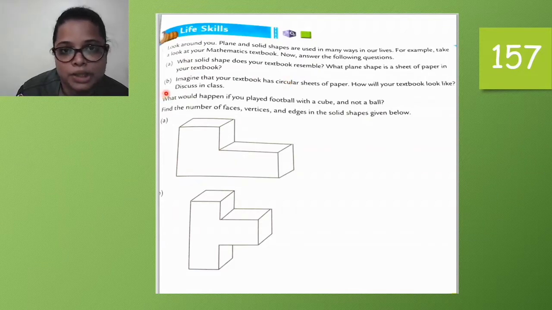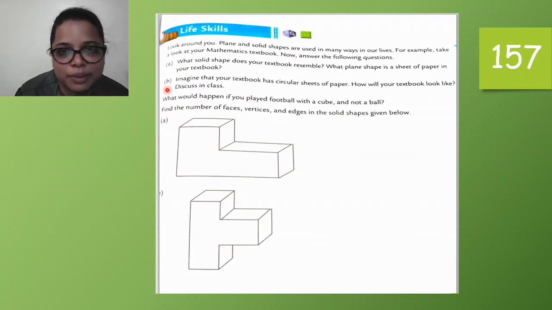Question number B. Imagine that your textbook has circular sheets of paper. It is not a rectangle, it is a circle. How will a textbook look then? Right now we are not in class, otherwise we would have discussed it. So let's imagine a textbook in circular shape.